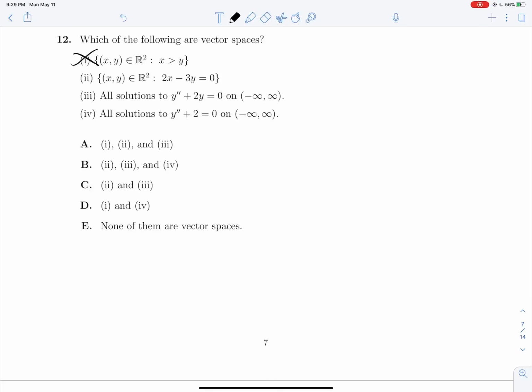What about 2? We have all the x and y's in R2 such that 2x minus 3y is equal to 0.